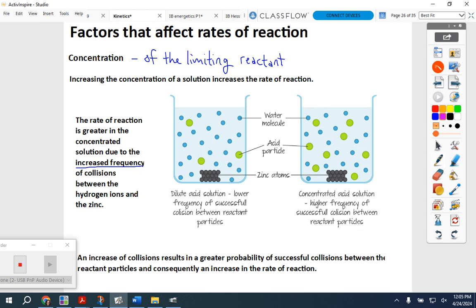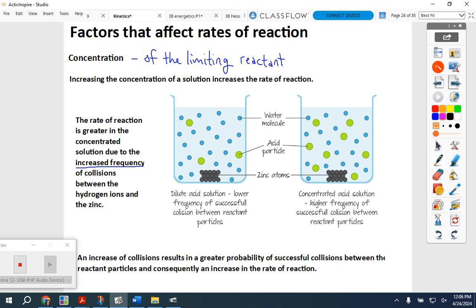Concentration is another one that a number of people tested the effects of. Haiti did this with different concentrations of sodium hydroxide on the rate of bleaching of a dye. And could see a big difference between all the different concentrations that she had and how quickly that dye was turned colorless.